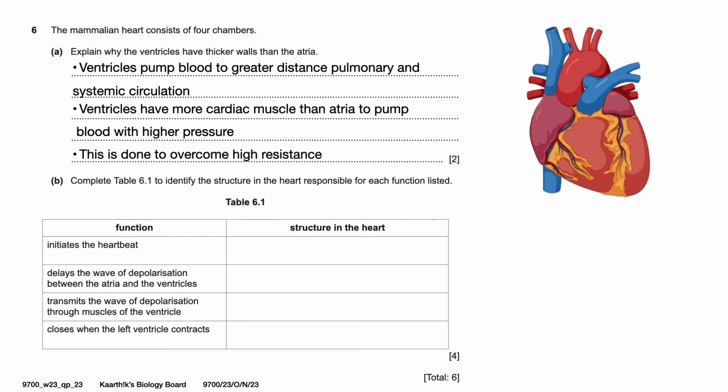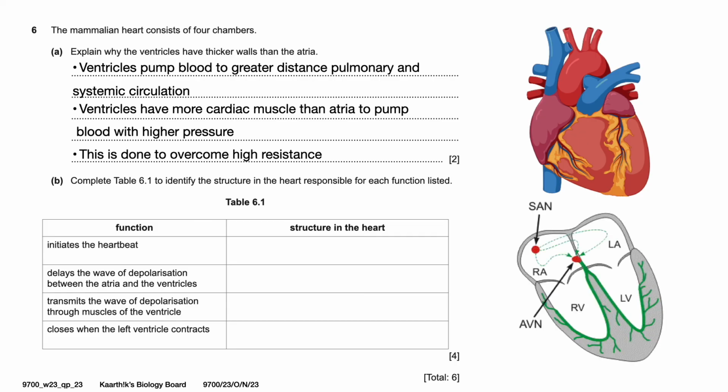B part of this question, complete table 6.1 to identify the structure in the heart responsible for each function listed. So table 6.1 is given with a list of functions, and we are going to identify the structure in the heart that does each function. Initiate the heartbeat: the heartbeat is initiated by the sinoatrial node, that is SAN.